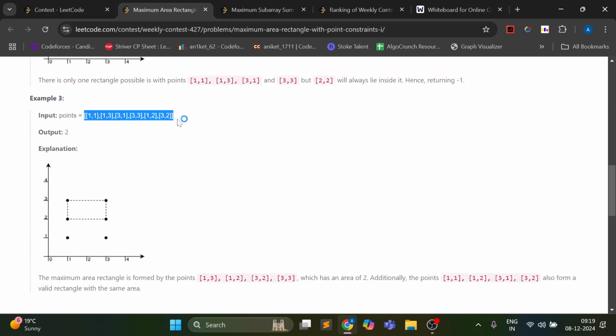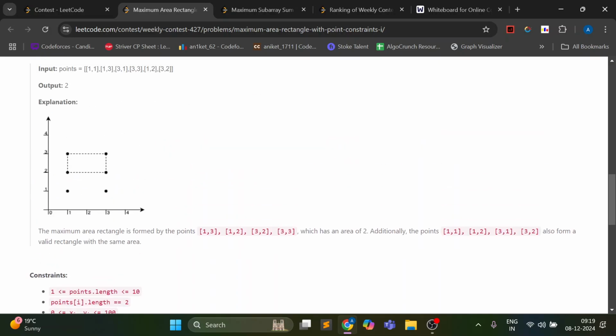Now in example 3 we are given 6 points. These 4 points can form a rectangle, these 4 also can form a rectangle, but for the 1 and 3 coordinates, this bigger rectangle cannot satisfy our condition, because there would be these 2 additional points in or on the border of this rectangle.